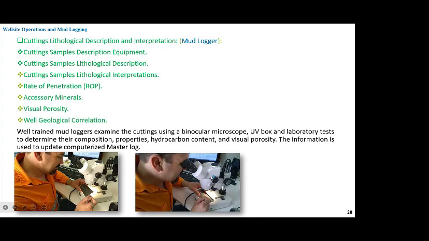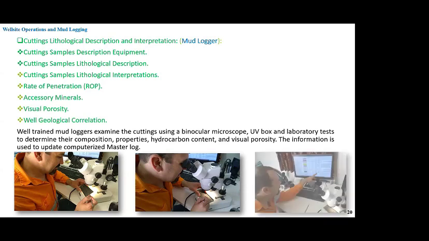Then under a microscope, he describes each part of them. For example, for sand he describes grain size, grain shape, hardness, as we will see inshallah in the course. We'll go in depth mainly about clastic rock. And at the end, he updates the master log using drill parameters information and gas information.